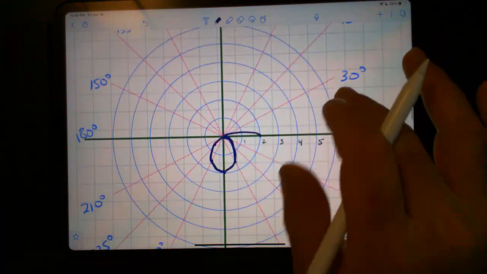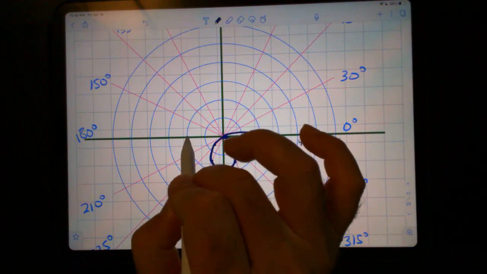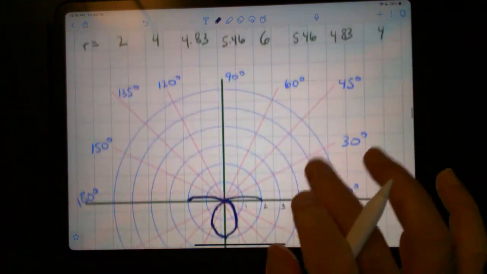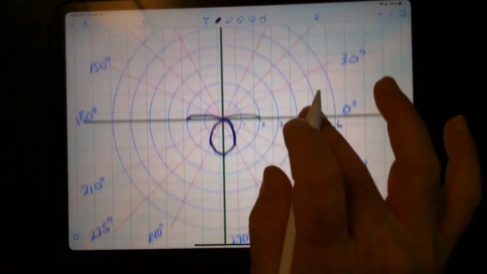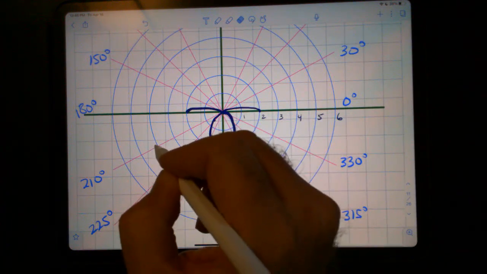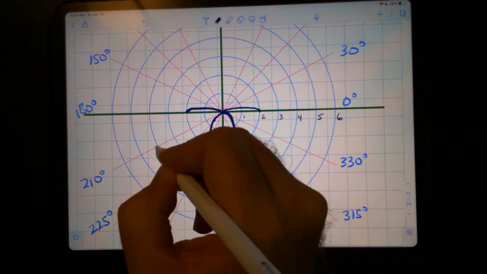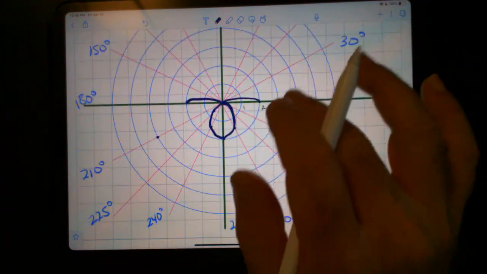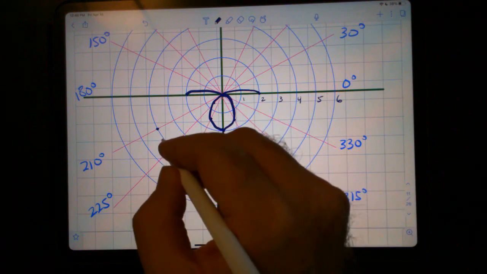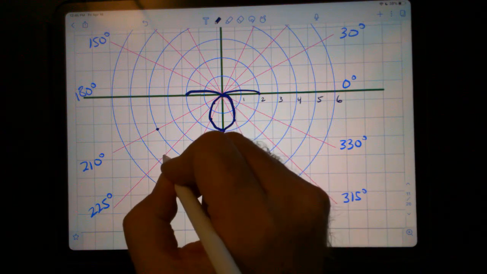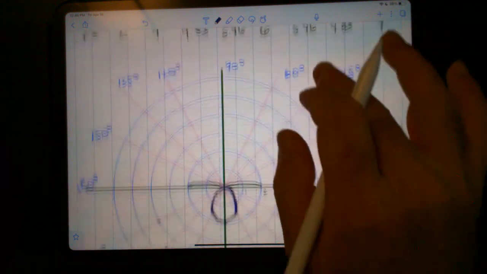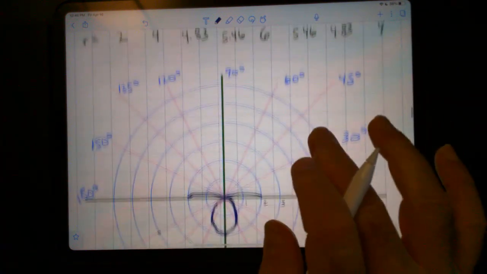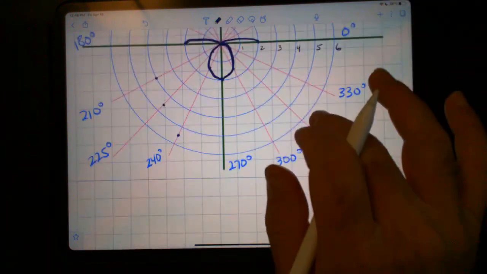When theta is pi, r is 2. Seven pi over 6, r is 4. 5 pi over 4, r is 4.83. 4 pi over 3, 5.46. 3 pi over 2, it's at 6.